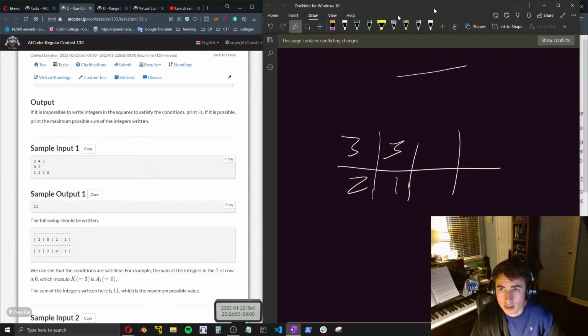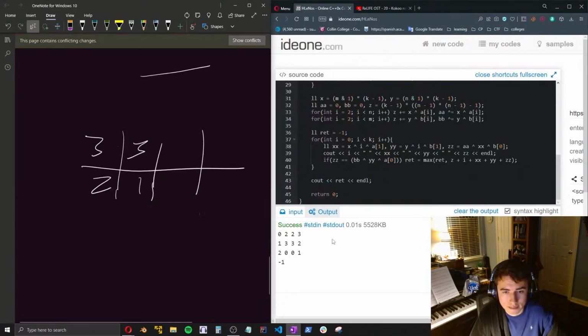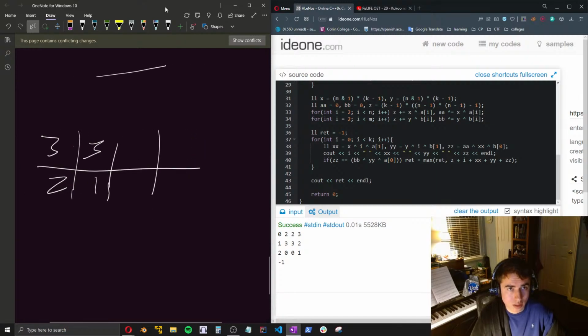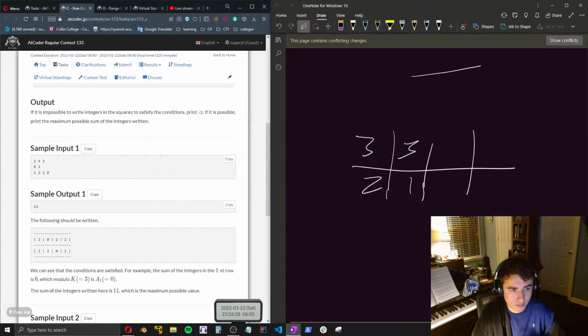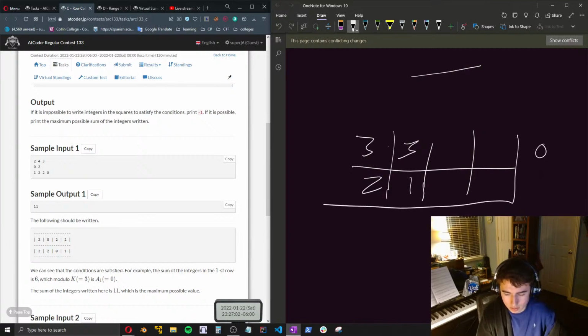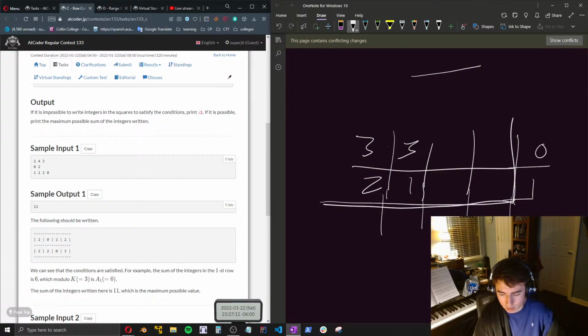Now let's see what we're getting for the remaining values. What are they supposed to be? 0. 0, 1. Alright, 0, 1.